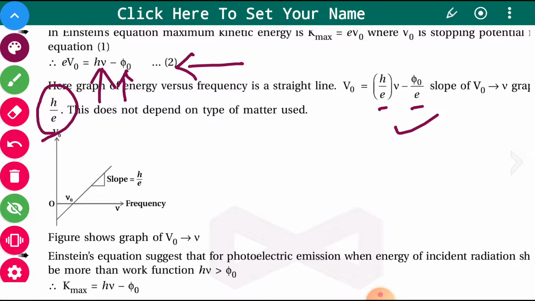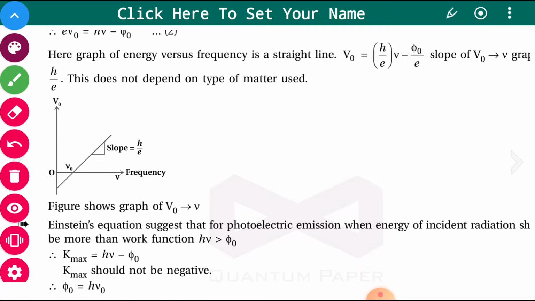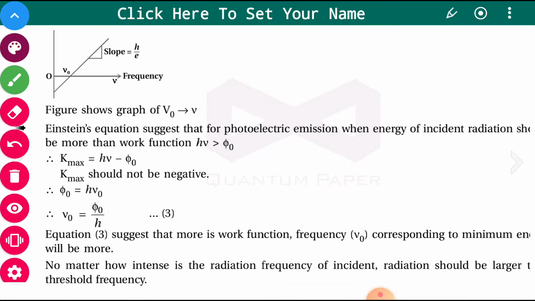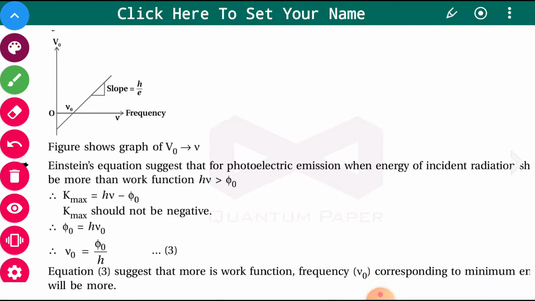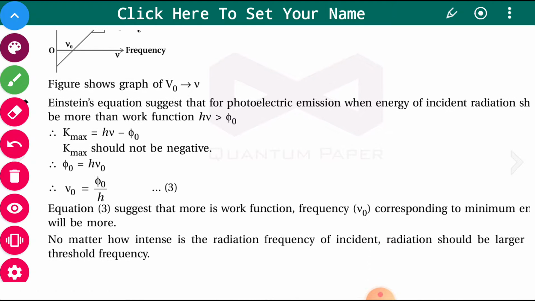This does not depend on the type of matter used, as h upon e is a constant for any photosensitive surface. So this graph is of V0 versus nu.